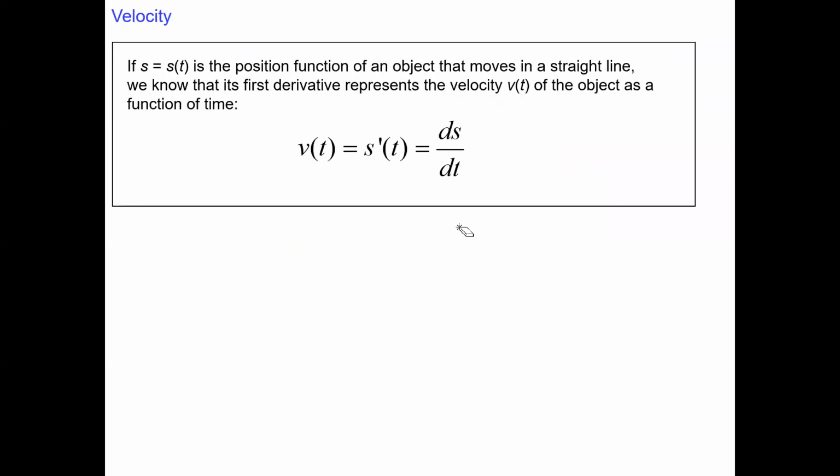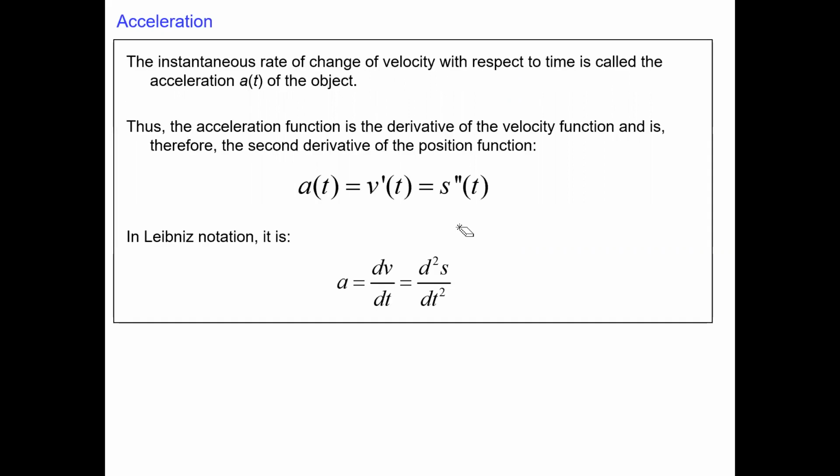For instance, we remember from the previous sections, from the previous applications, velocity. Velocity is the rate of change of the distance over the time, and this represents the first derivative of the position function. When we take the derivative of the velocity, we get acceleration.